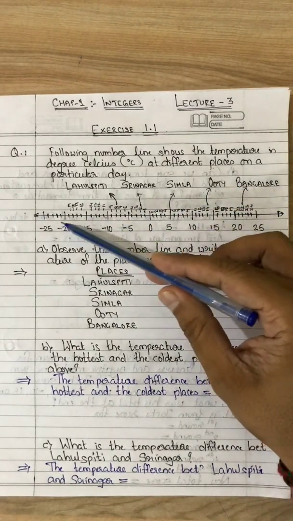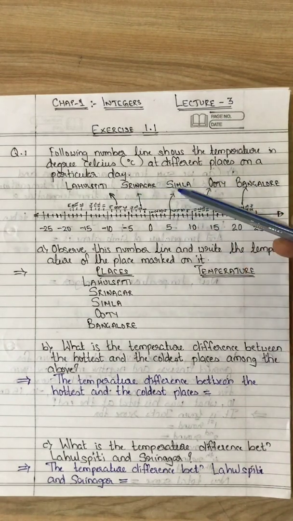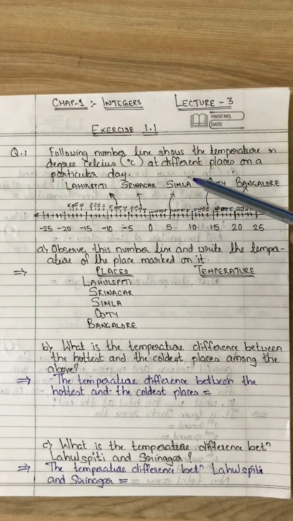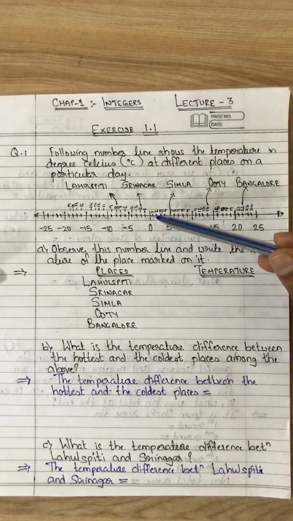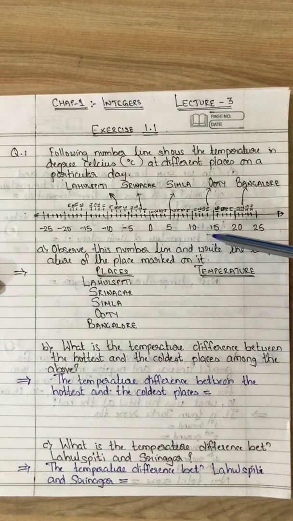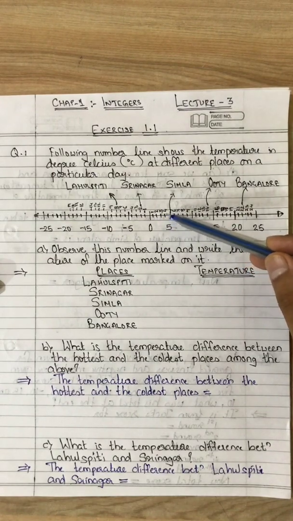The number line shows the temperature in degree Celsius of a particular place on a particular day. They are showing the temperature of Lahul Spiti, Srinagar, Simla, Ooty, Bangalore. See students, on the number line you can see 0, 5, 10, 15, 20, 25 and some smaller dashes.